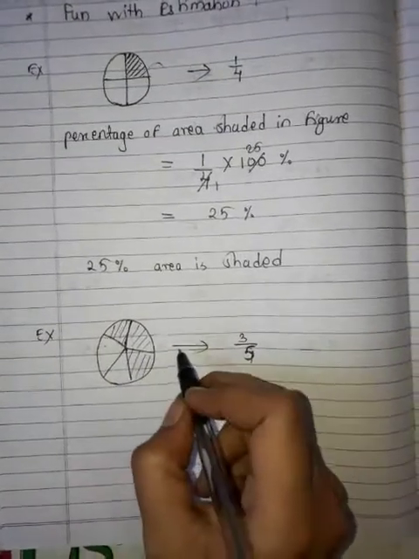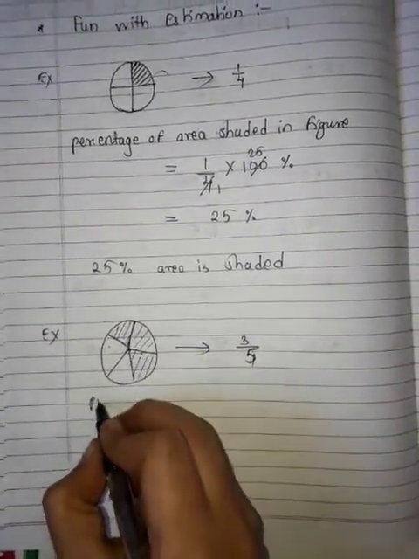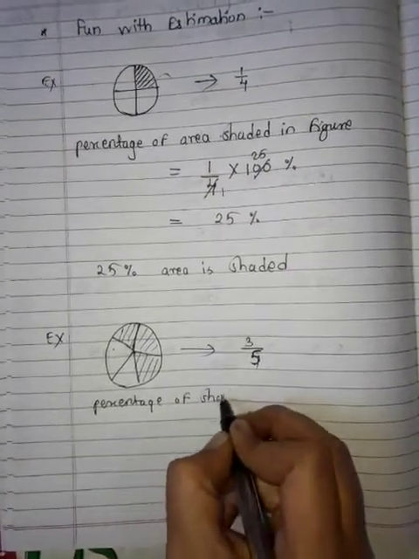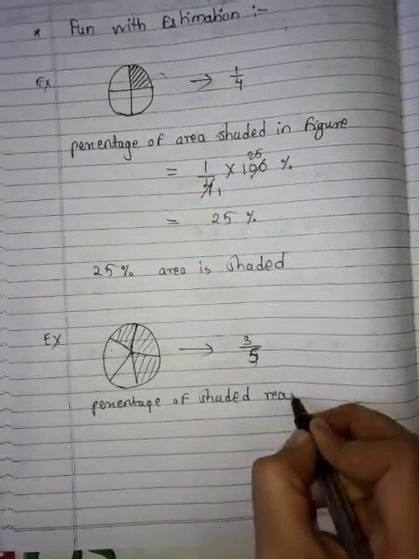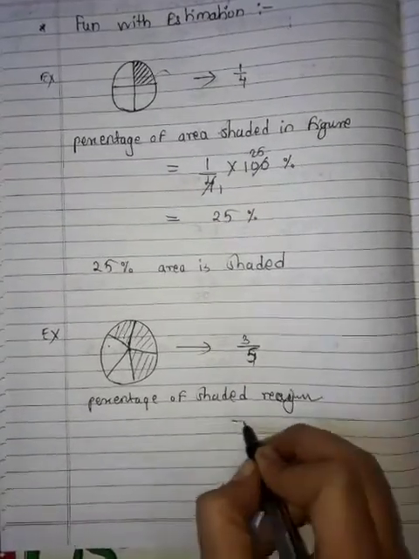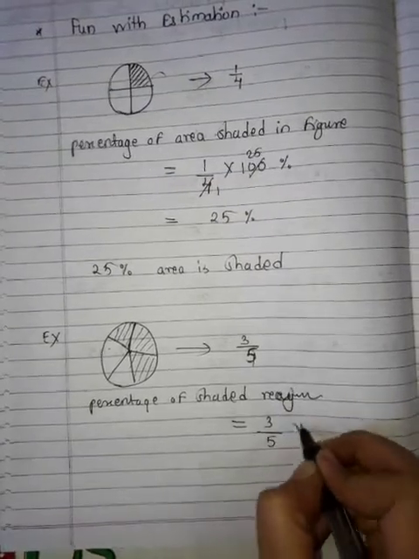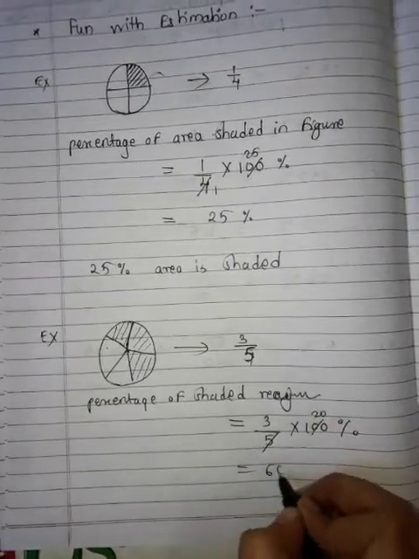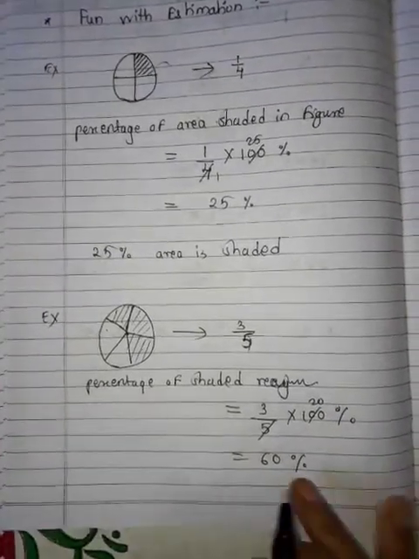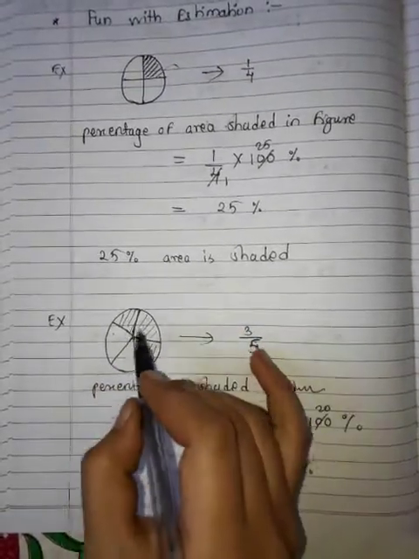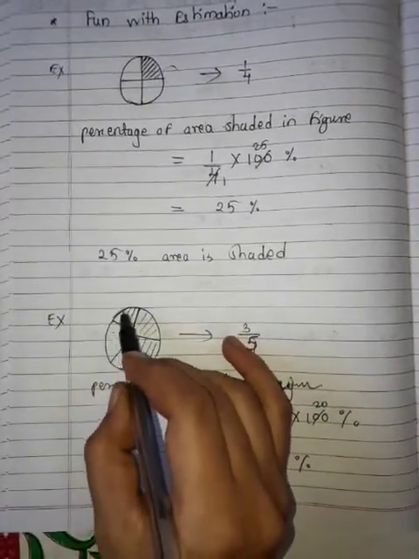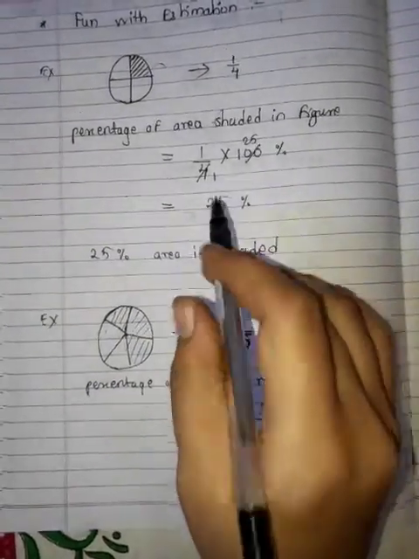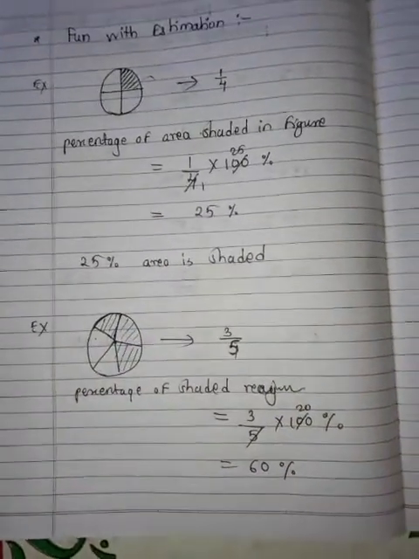Now to find the percentage of the shaded region or shaded area, we multiply this 3 by 5 by 100. So here 20 into 3 is 60. Now we can say 60% of the area is shaded. For that figure 60% area is shaded. So as like this you can use the percentage to estimate the areas of figures.